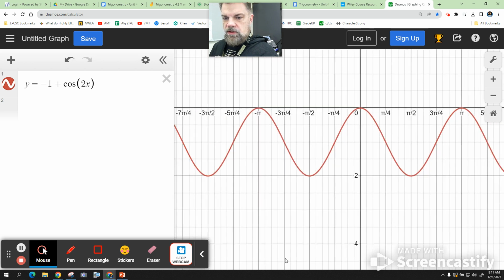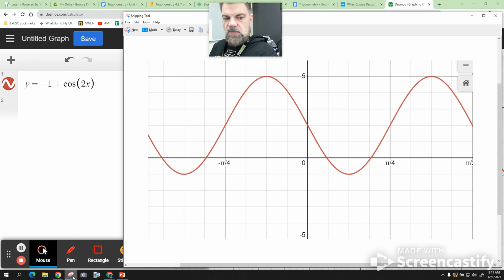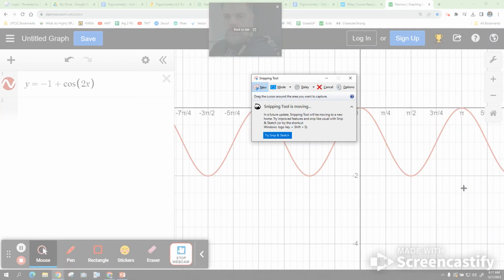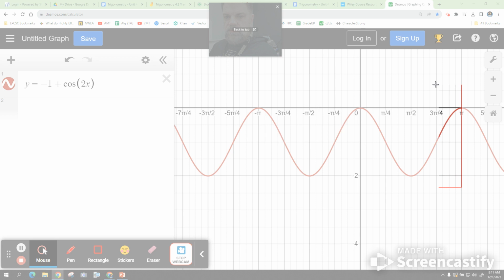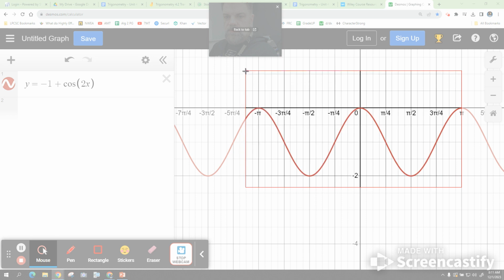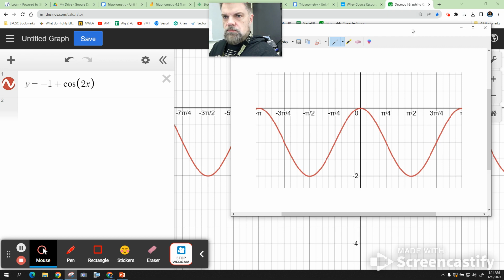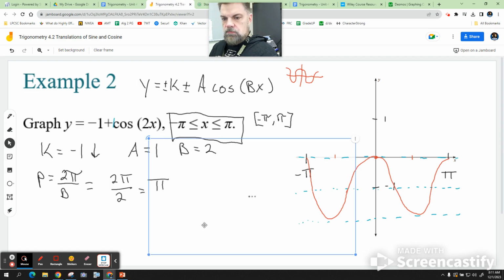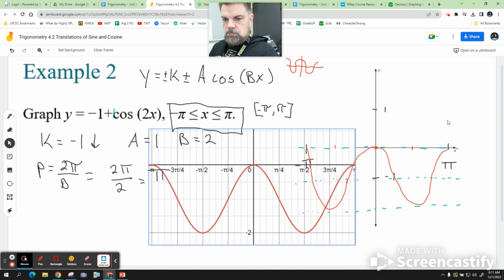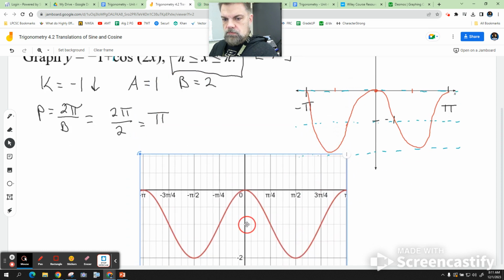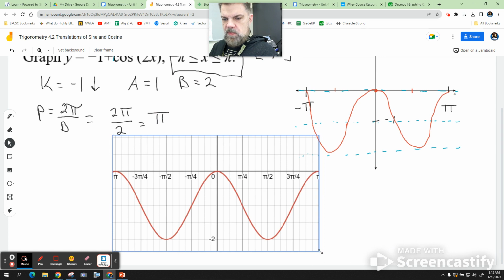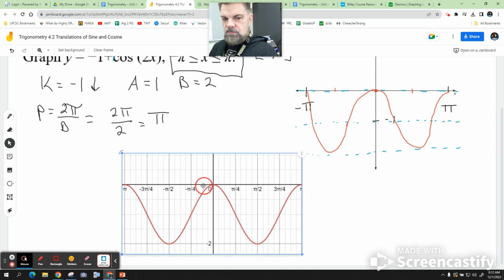I'll zoom out a little bit, and we'll take a little screenshot there. And we'll see if we're close. It's basically spot on, right?